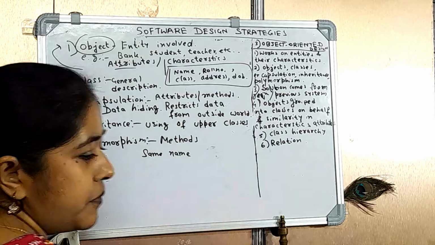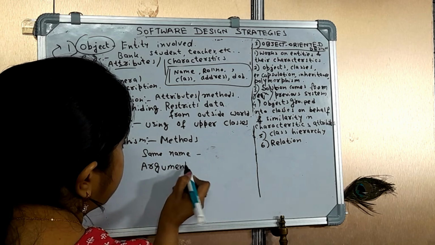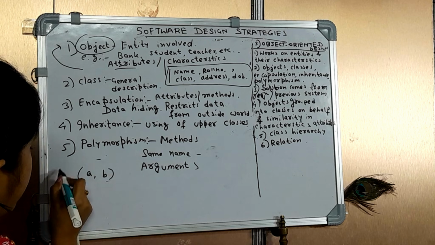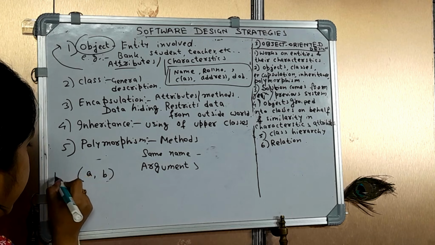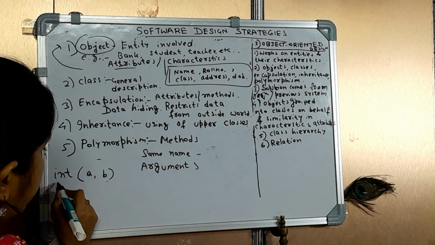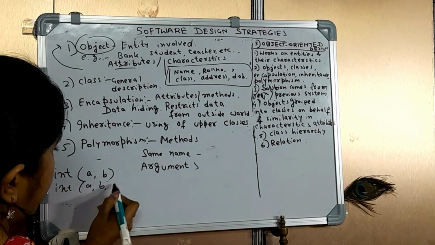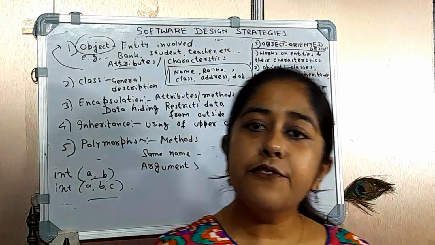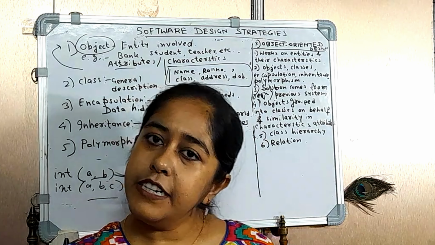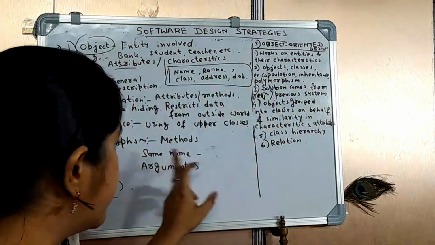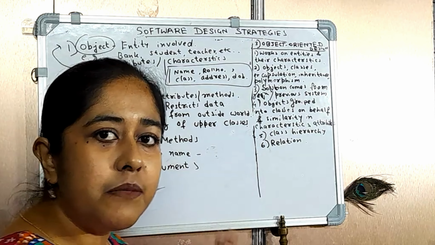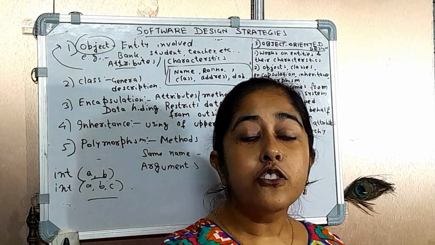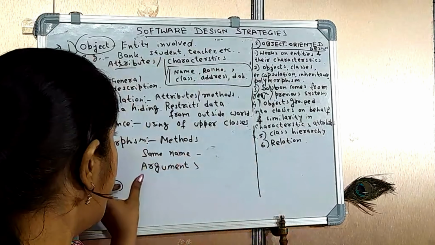When we talk about arguments, you have seen that we have some arguments, suppose a and b, in a particular function, suppose int a, b. But here also int, there will be a, b, c. So these are what we call arguments. The method has the same name, the function may be the same or different, but the arguments will be different. So this is what happens in polymorphism.